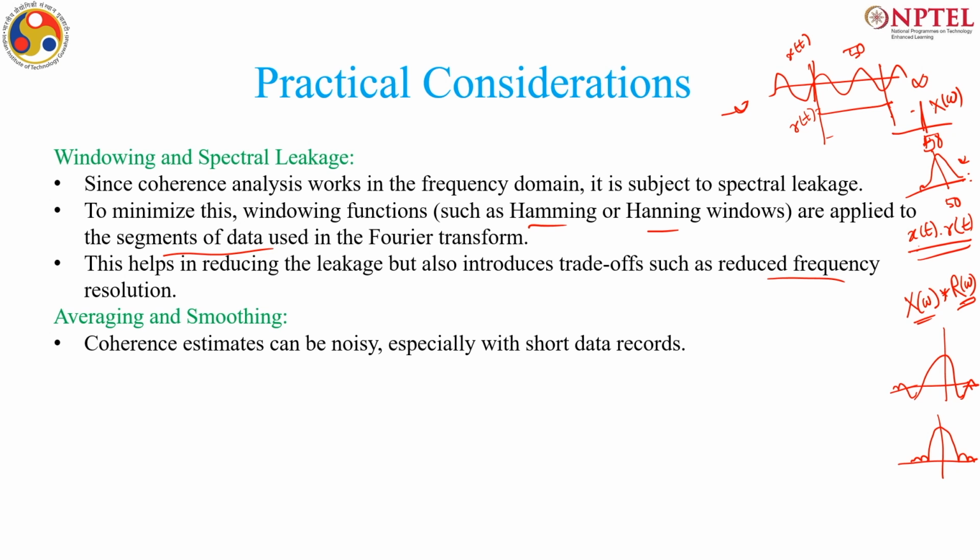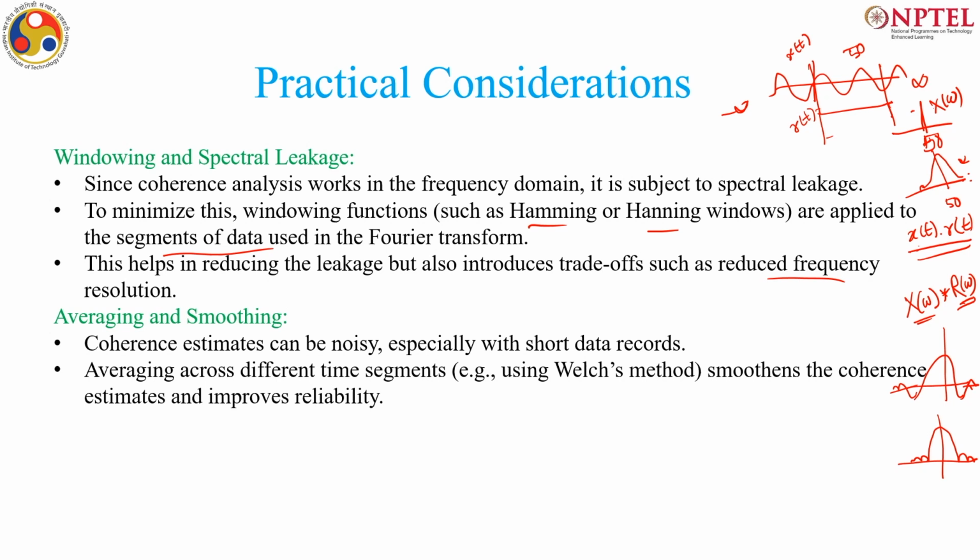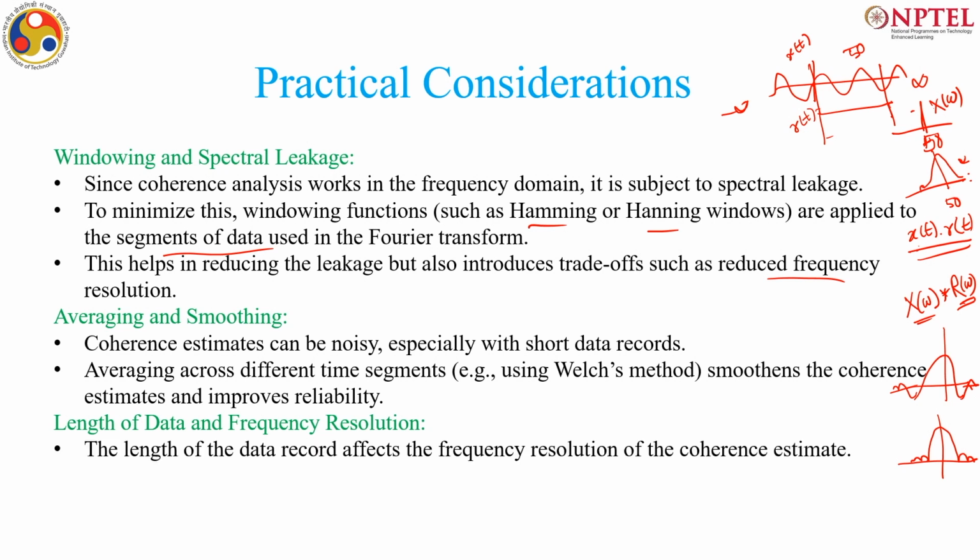Say there is a fault and that fault has a small frequency component, but the Welch method can totally remove that. So, this is again a big challenge: which window, or how much you should smooth. Then length of data and frequency resolution is also a practical consideration.